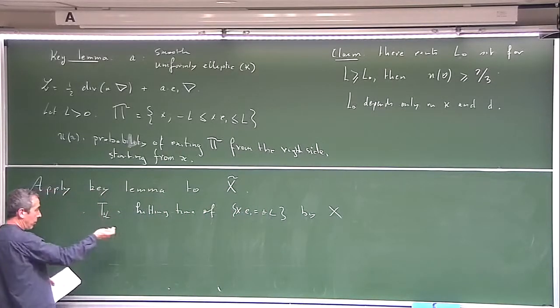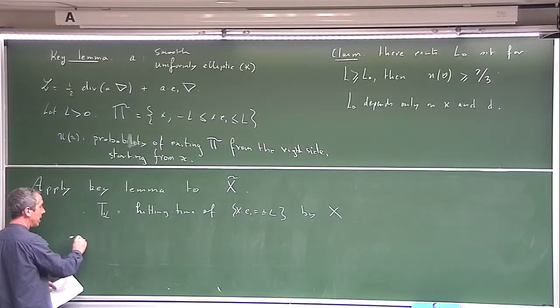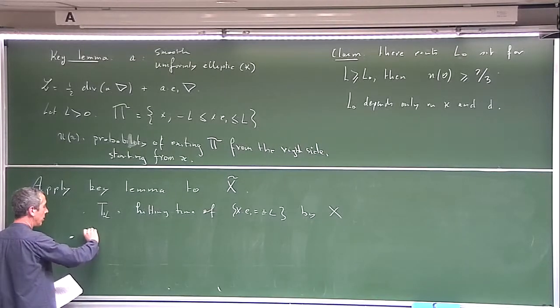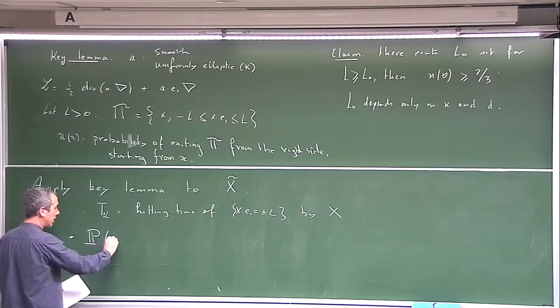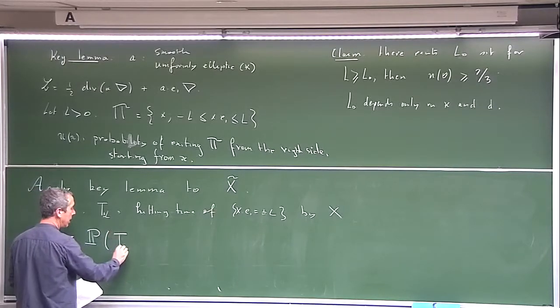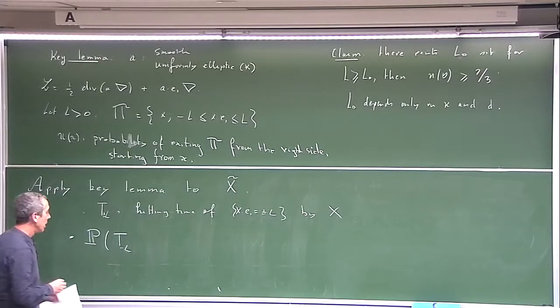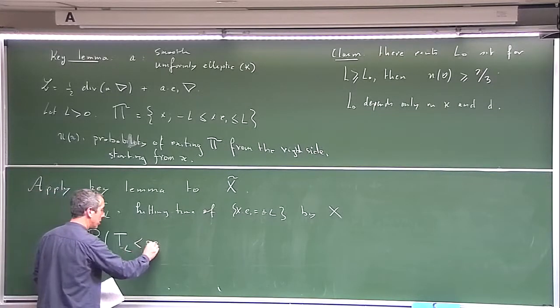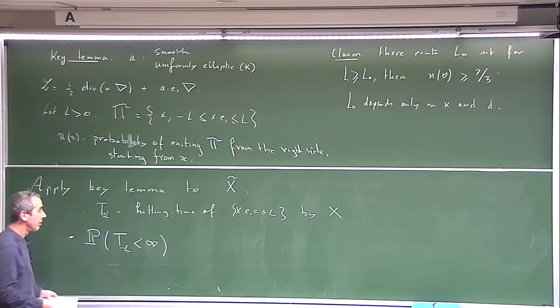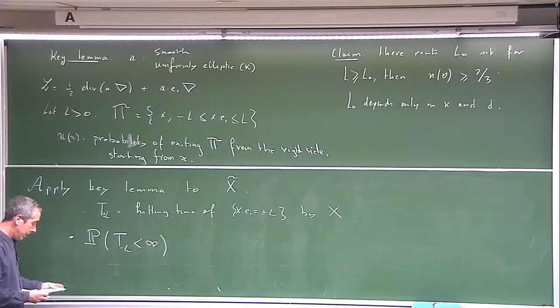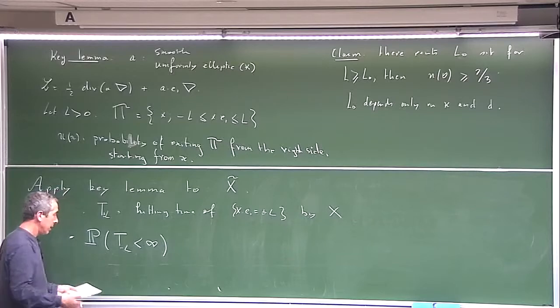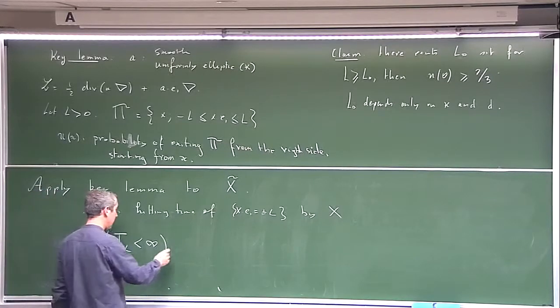And so a first consequence of the lemma is that the probability that you hit the hyperplane minus L, so that T minus L is finite, decays exponentially fast.